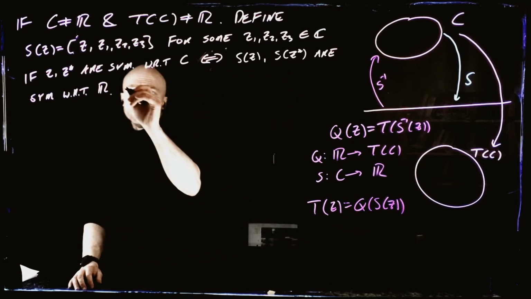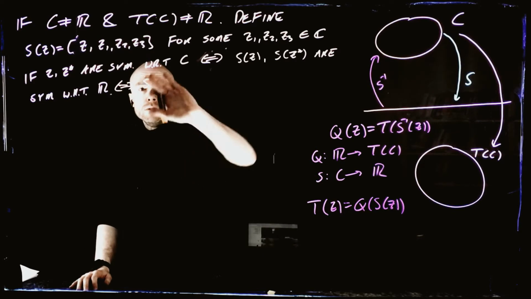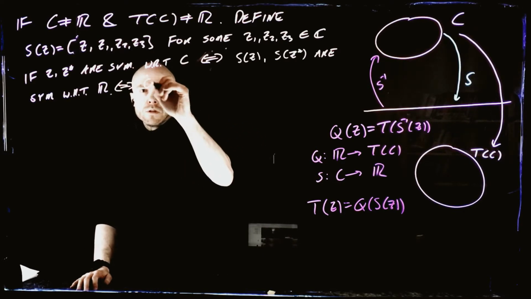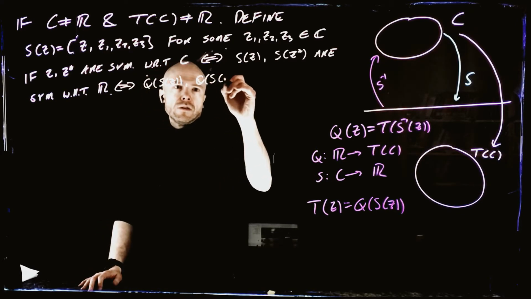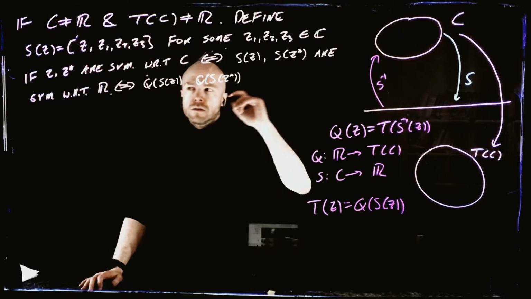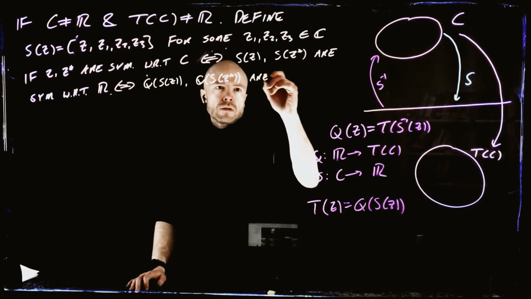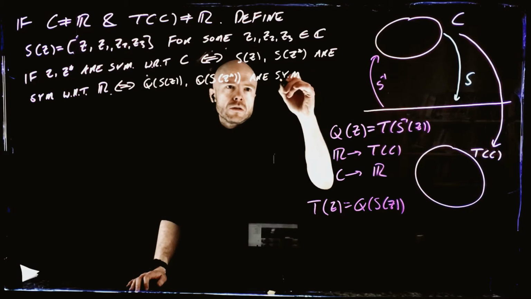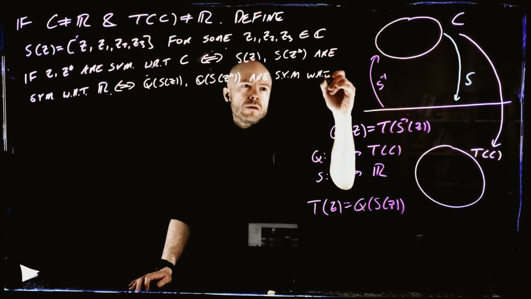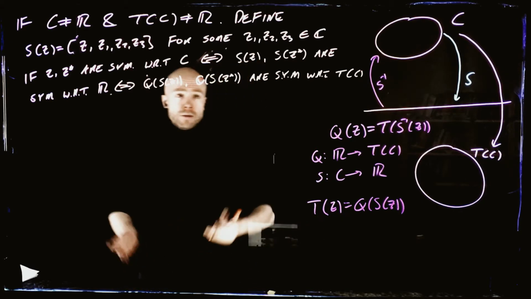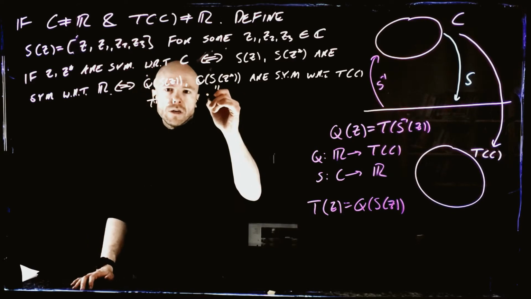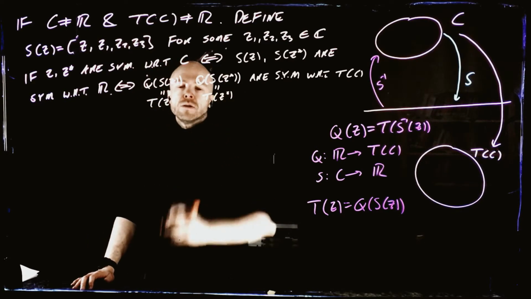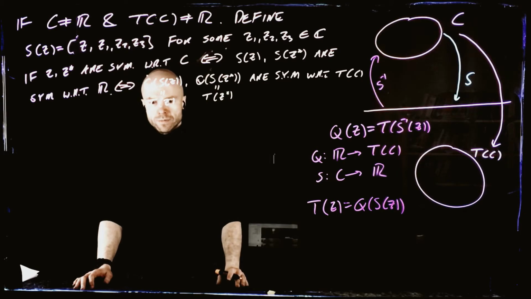So this is equivalent to Q of S of Z and Q of S of Z star being symmetric with respect to T of C. And by definition, this is just T of Z, and this thing is just T of Z star, right? So we have exactly the statement that we want.